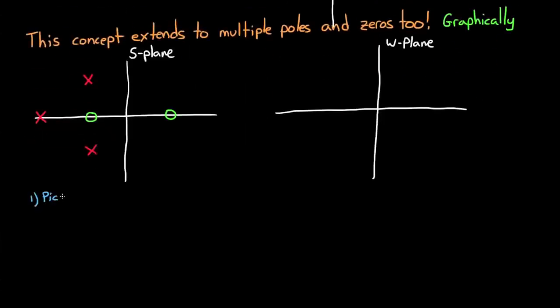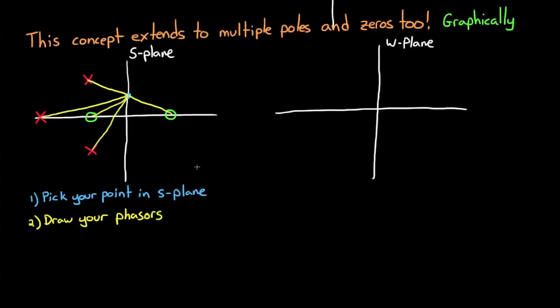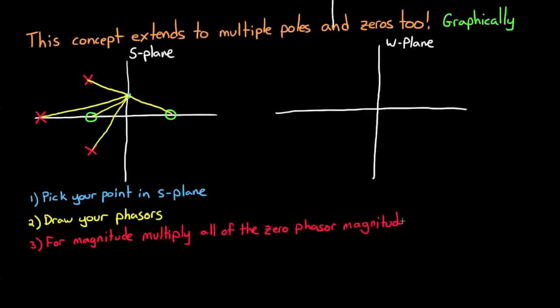Step 1 is to pick the point in the s-plane that you want to map over to the w-plane. Step 2 is to draw the phasors from each of the poles and zeros to that point. Step 3 is to determine the magnitude, or the length of the phasor, by multiplying all of the zero phasor magnitudes and dividing out all of the pole phasor magnitudes.